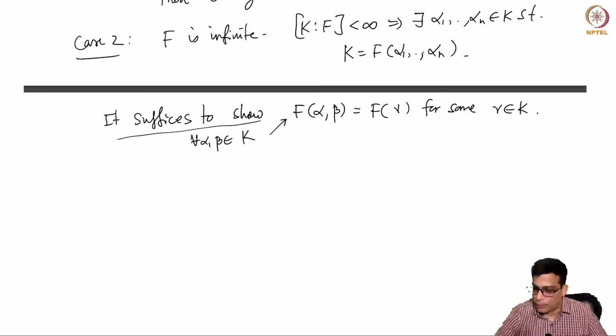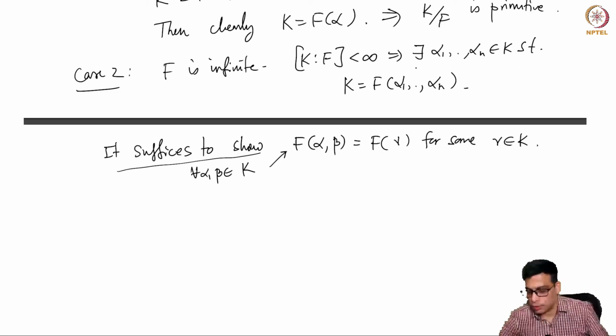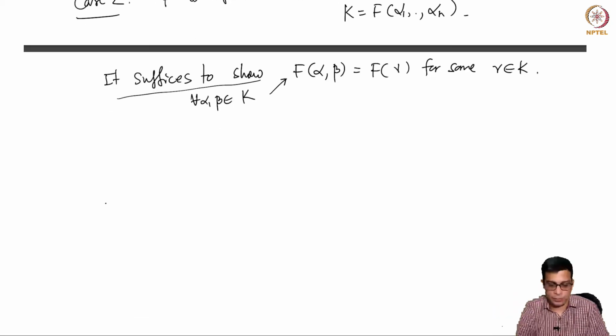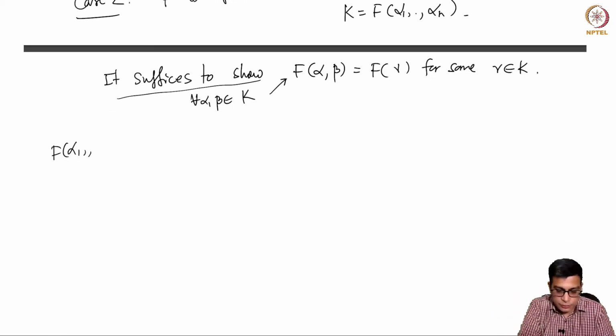So if you can go from 2 to 1, then you can by induction go from 3 to 2, and from n to n minus 1. So this can be collapsed into 1.